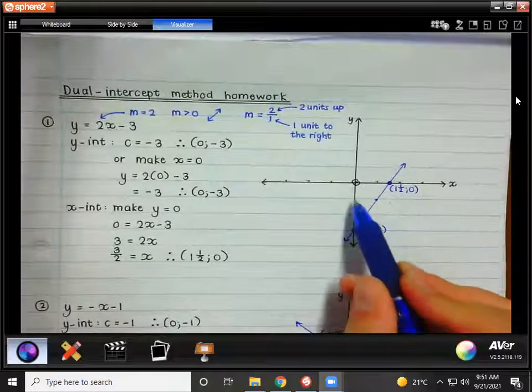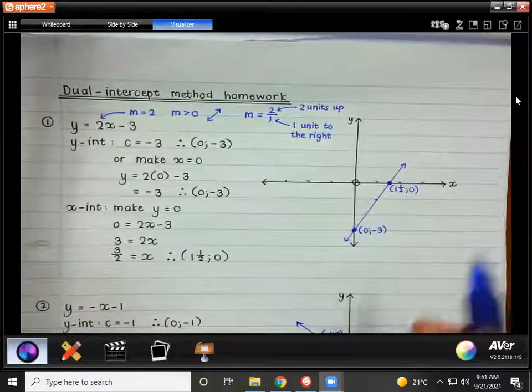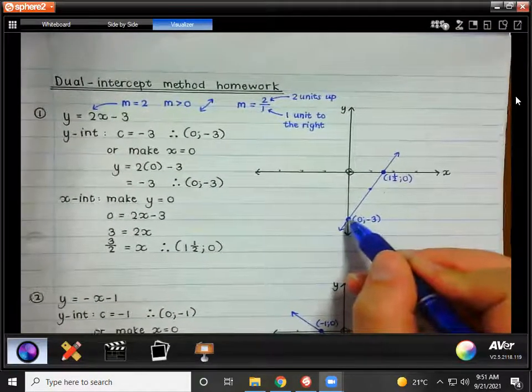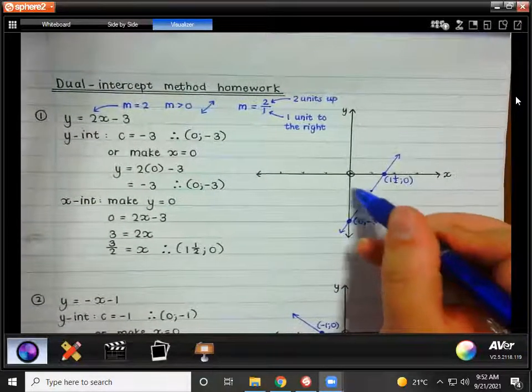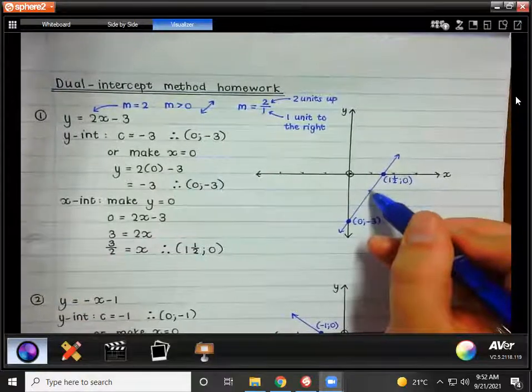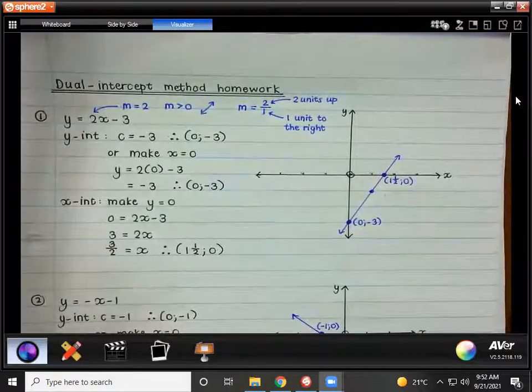So you should be able to see this if your graph is drawn perfectly to scale, which it might not be, that's also okay. But if I'm going from this point on my graph, I should get another point on the graph if I go 2 units up and 1 unit to the right. Okay, and you see that if I do that, I do actually end up on my graph.